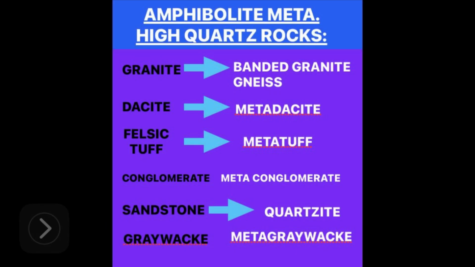Okay, now we're looking at Amphibolite grade metamorphism when it comes to high-quartz rocks, rocks with a lot of quartz in them. This is where metamorphic banding can become prevalent, so your granite becomes banded granite gneiss. Those bands tell you Amphibolite grade metamorphism most likely. The grains of sand in sandstone become welded together, and now we call it quartzite, a metamorphic rock.